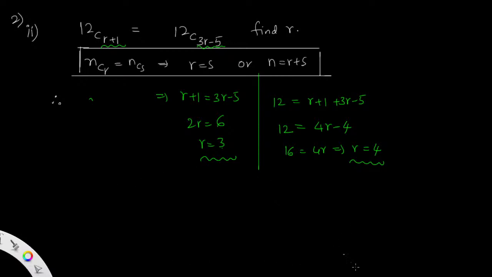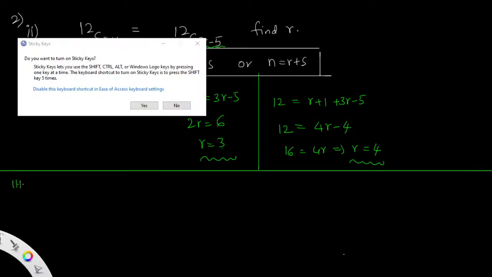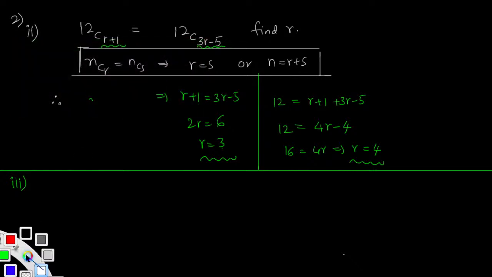Next question. The third one is also the same concept. Question number 3: 12C(s plus 1) equals 12C(2s minus 5).